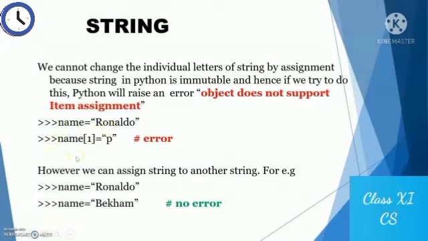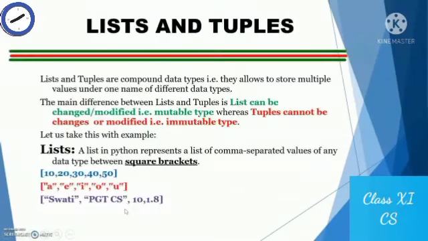However, we can assign the string to another string. For example, name is equal to Ronaldo. We can assign a new string to the variable name. It will store that particular value in the name variable, but the location will change. Okay, but we can assign the complete string to the variable.